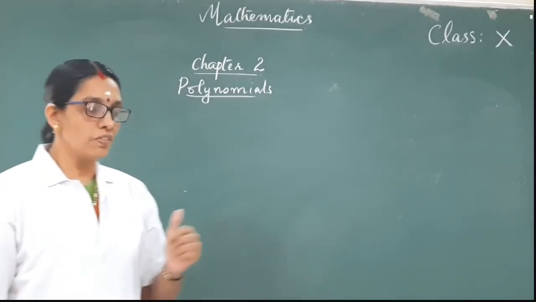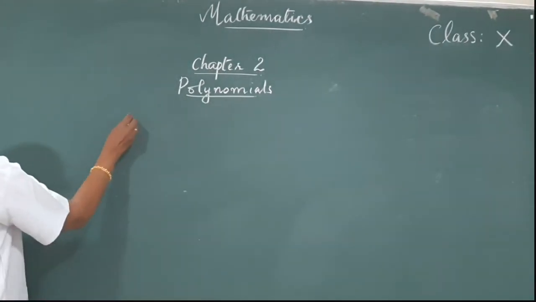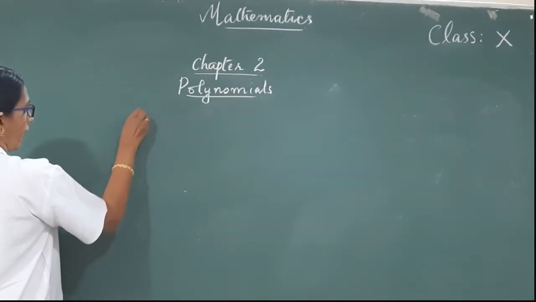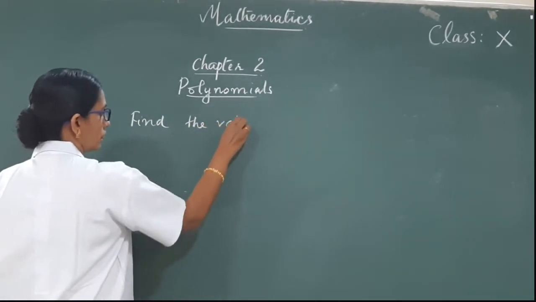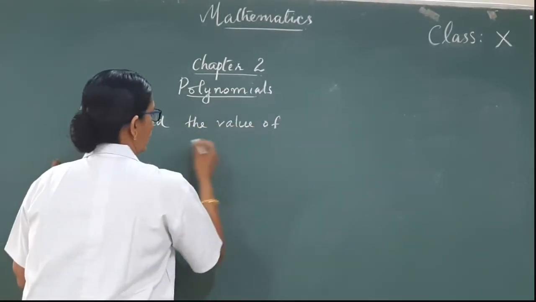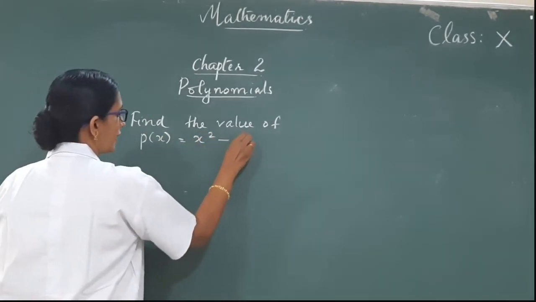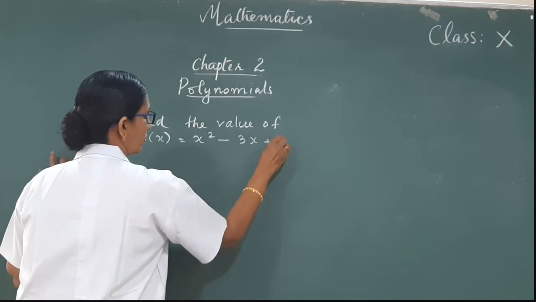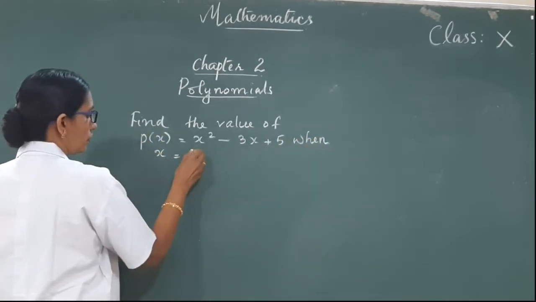Okay, children? First, let's discuss one question. Find the value of p(x) equal to x square minus 3x plus 5 when x is equal to 1.